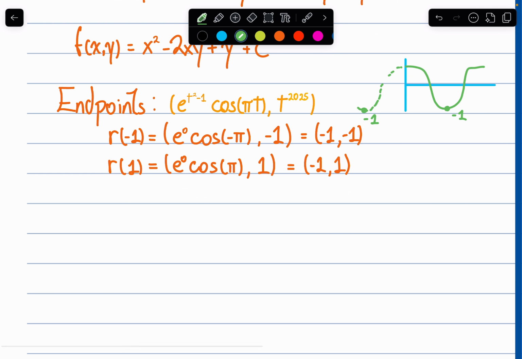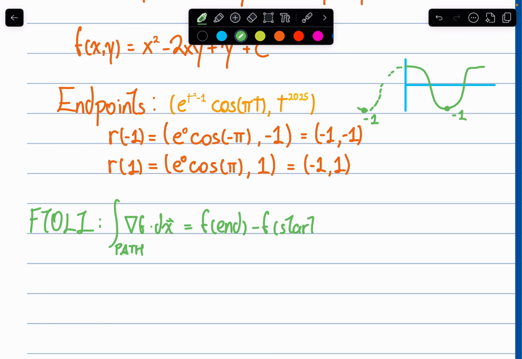The fundamental theorem of line integrals states the following. For a conservative vector field, expressed as the gradient of a scalar function, the integral through a path depends only on the starting points, and the result is the potential evaluated at the end minus the potential evaluated at the start.